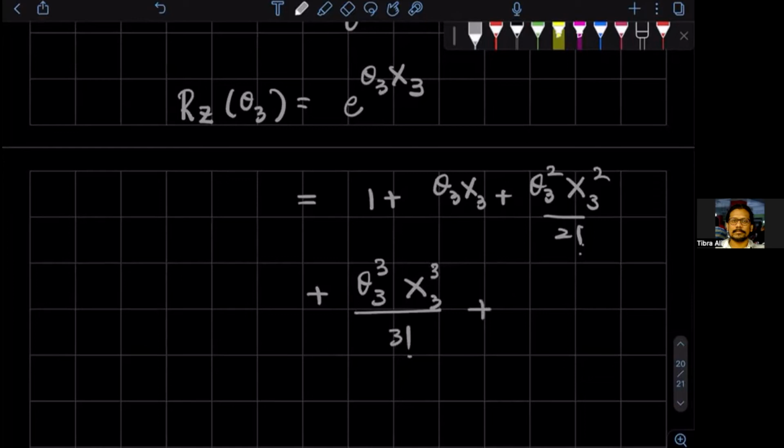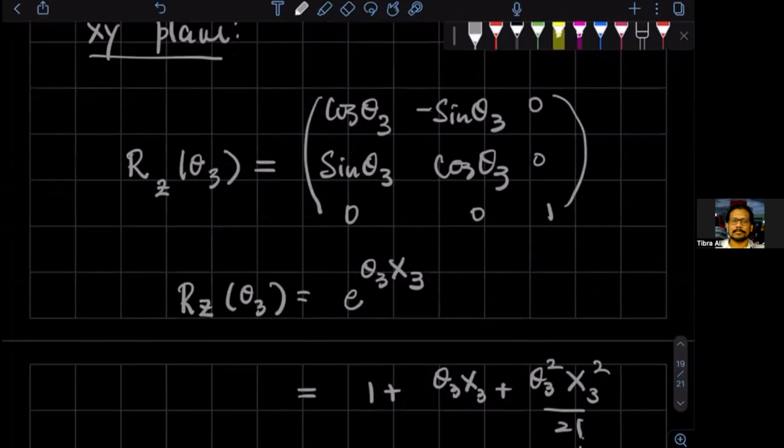Okay, so this is a nice little exercise you can do for yourself. Are you convinced of what it is doing? It's not acting on the z-axis component of a three-dimensional vector, but it's acting on the x and y components. And it's acting in a way such that the length of the vector remains invariant.